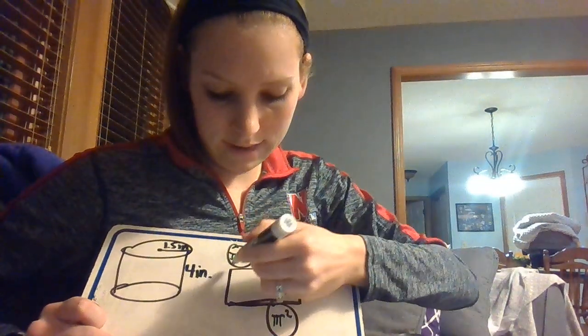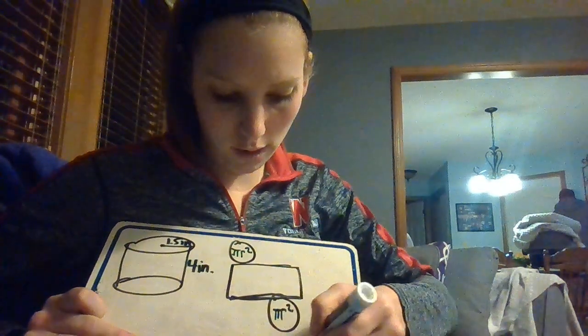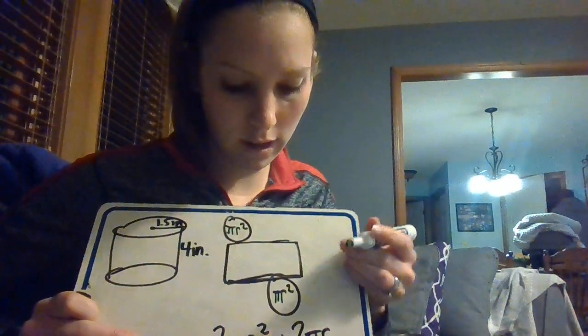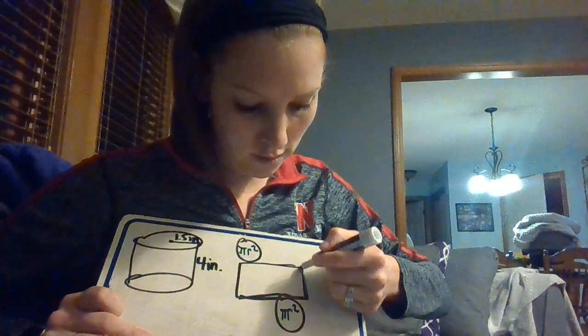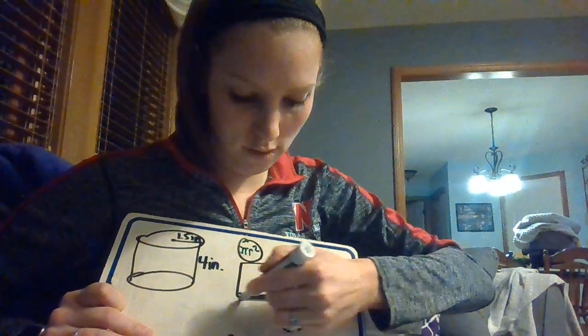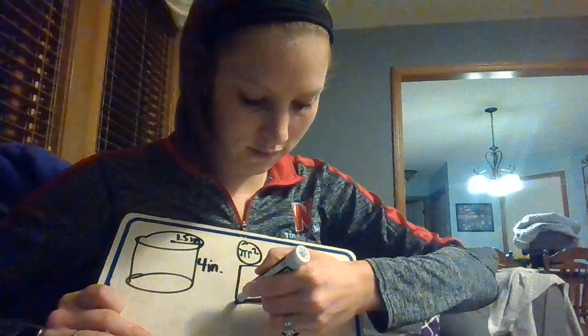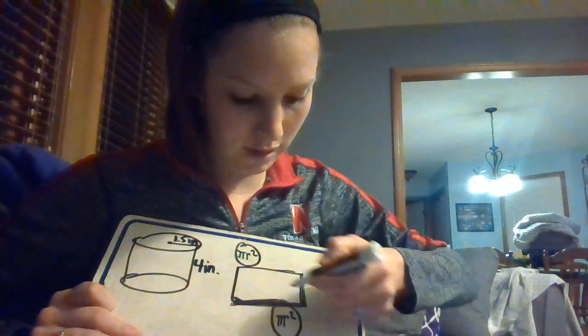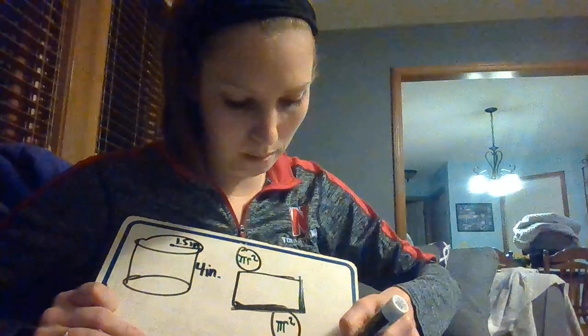So the length of this rectangle is the circumference of my circle. And the circumference formula that we know is either pi d or 2 pi r. I'm going to use 2 pi r today. And then the other dimension of this rectangle is the height. And so we multiply by h.